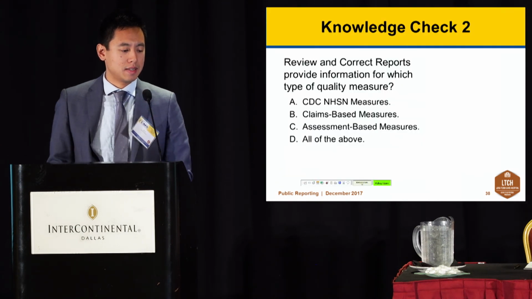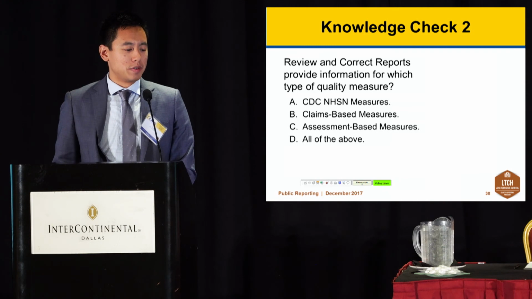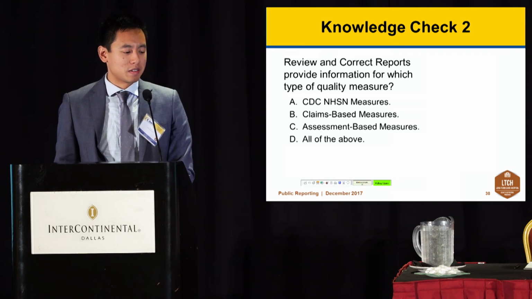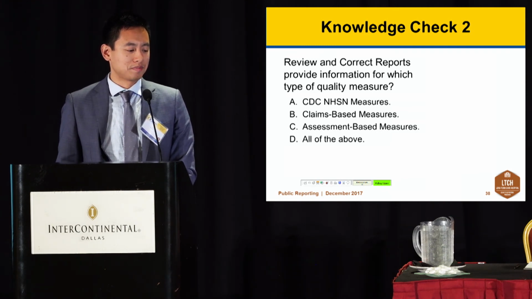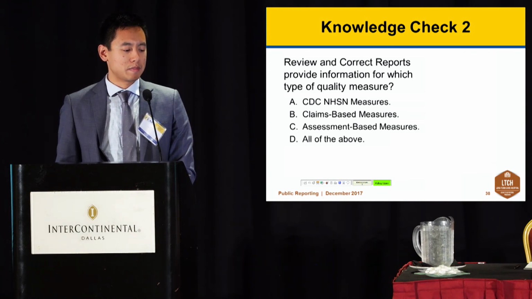All right, knowledge check. So the review and correct reports provide information for which type of quality measure? Is it A, the CDC NHSN measures, B, the claims-based measures, C, assessment-based measures, or D, all the above?